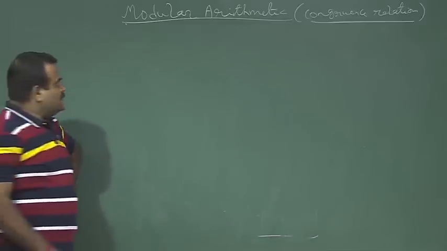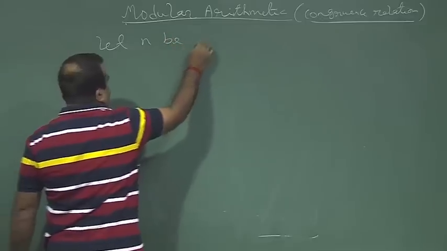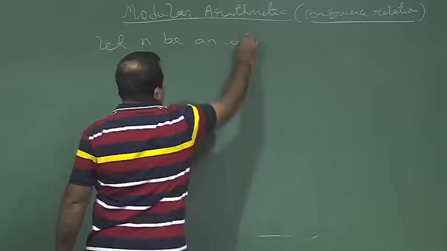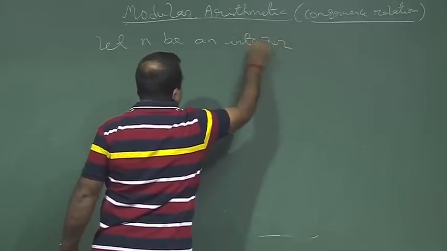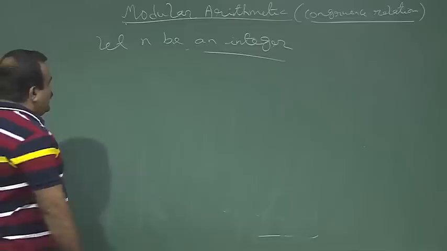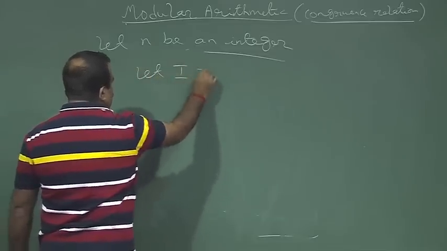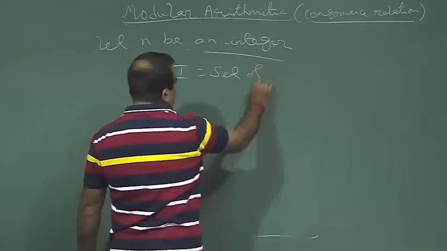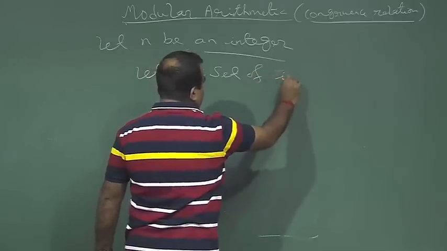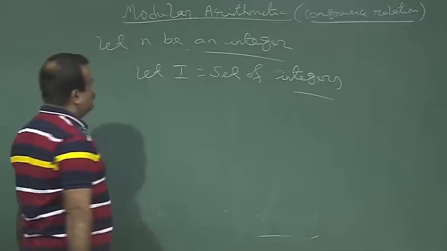Let us take an integer n. Let n be an integer. It could be positive, it could be negative. And let I be the set of all possible integers. This is the set of integers, which we denote by capital I.